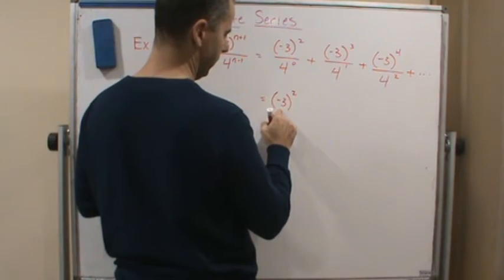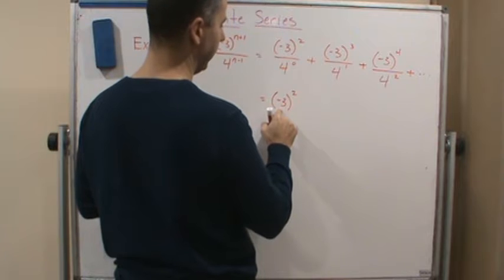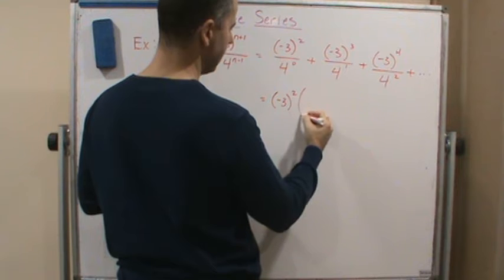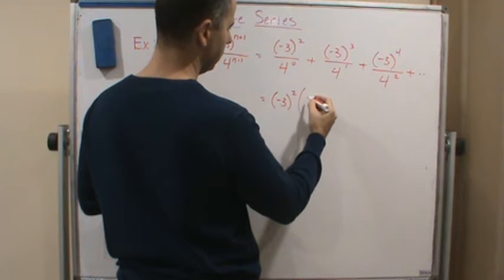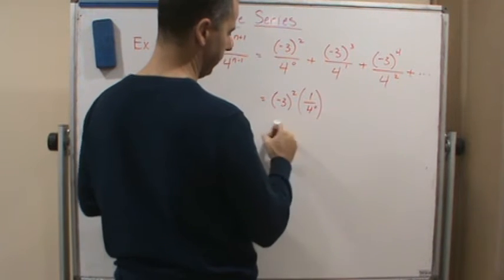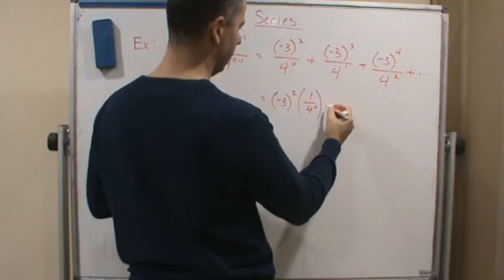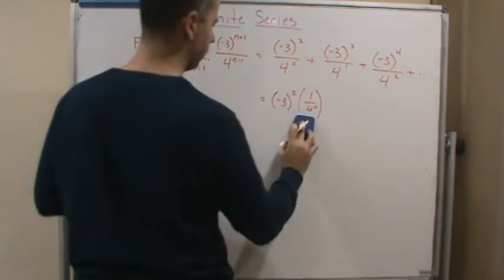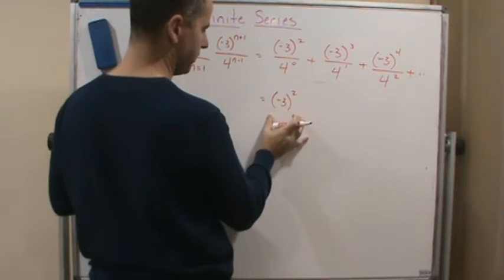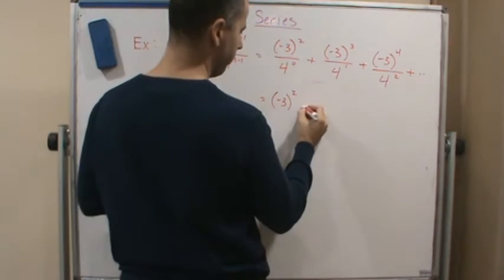So this is going to be negative 3 squared times 1 over 4 to the 0. Well, actually, let's just write it as negative 3 squared.